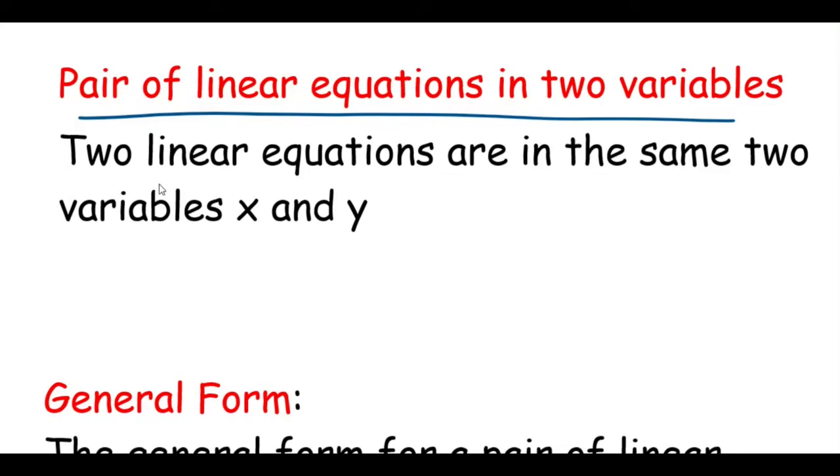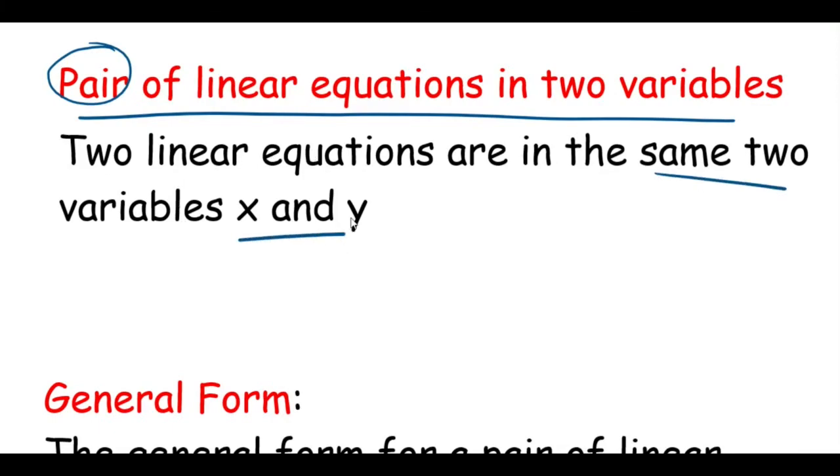Pair means two. If we have two linear equations in two variables, it is called a pair of linear equations in two variables. Note that these two equations should be in the same two variables, x and y.